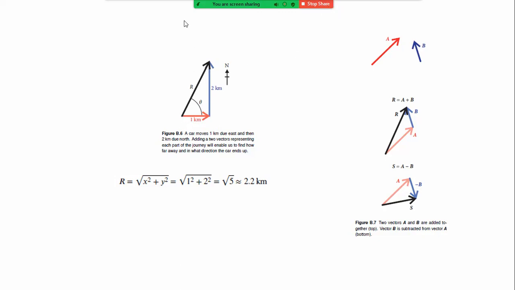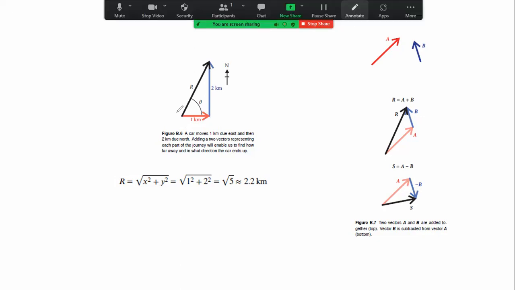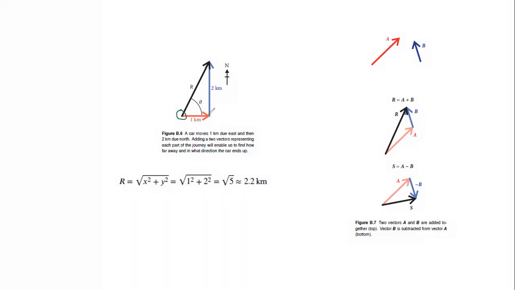You just want to find not the total distance traveled, but if he started here, how far he is from where he started, not figuring out the distance he traveled, because here the distance he traveled would be 1 kilometer plus 2 kilometers is 3 kilometers. If you want to know how far his initial position is from his final position, we call that displacement. You want to know that, you're going to add these vectors, okay?